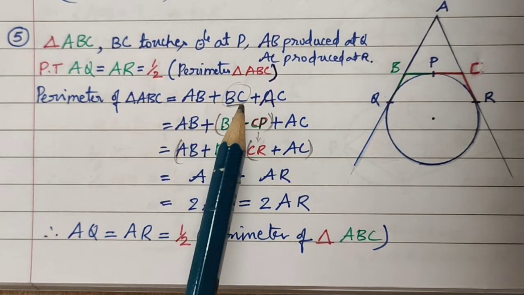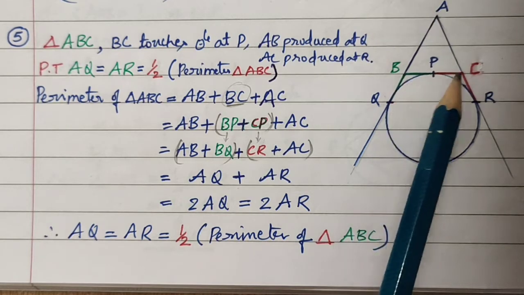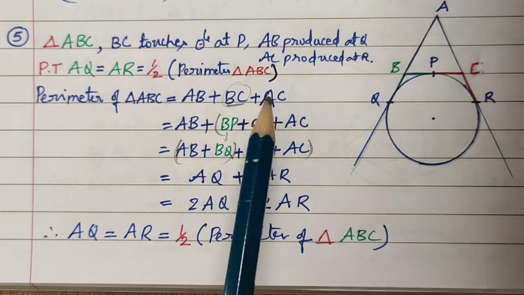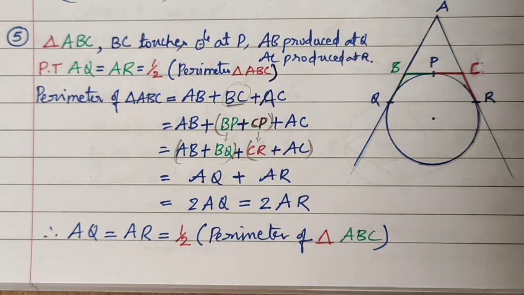AB we keep as it is, BC we split into BP plus CP, and AC we keep as it is.